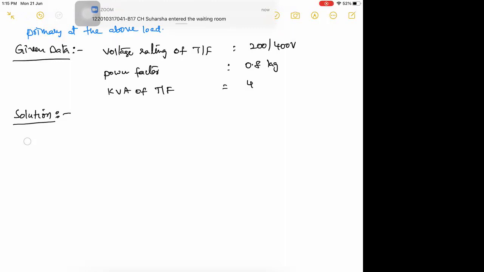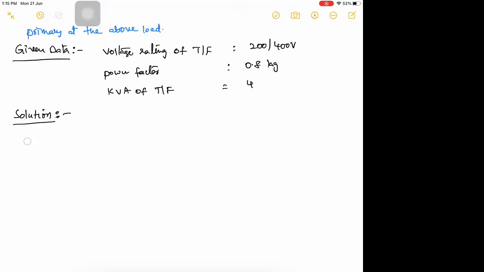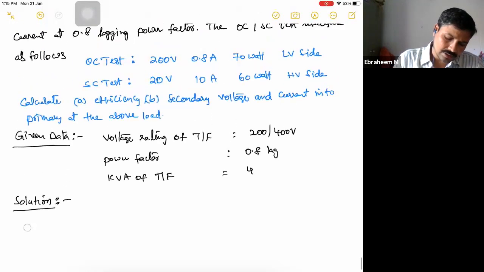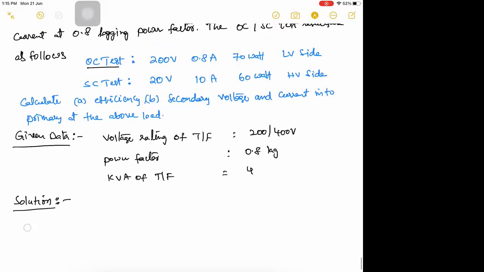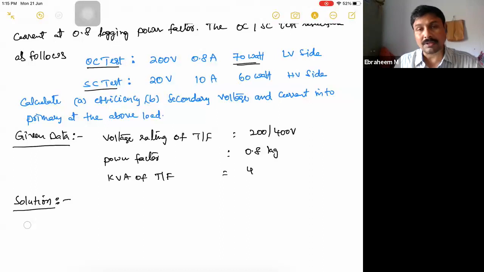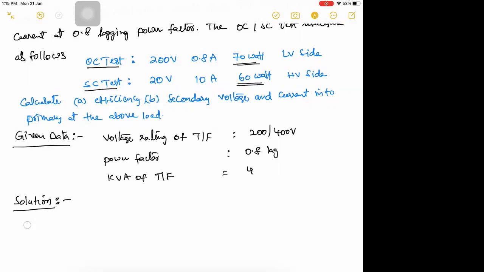No, sir, not directly. So I told you in the previous class, whatever the wattmeter reading we get in the OC test is iron loss, and whatever the power reading in the short circuit test, that is equal to the copper loss of the transformer.